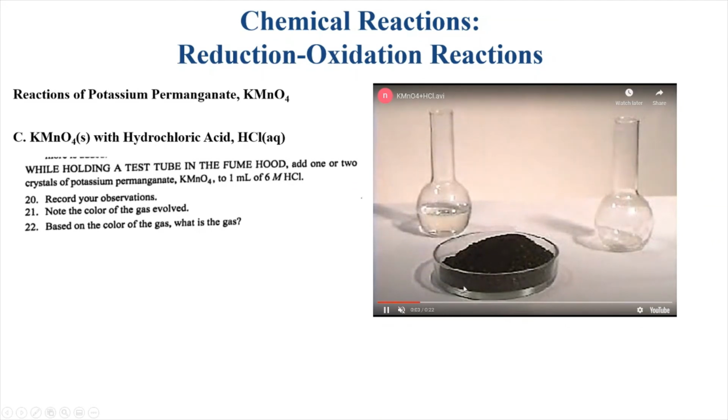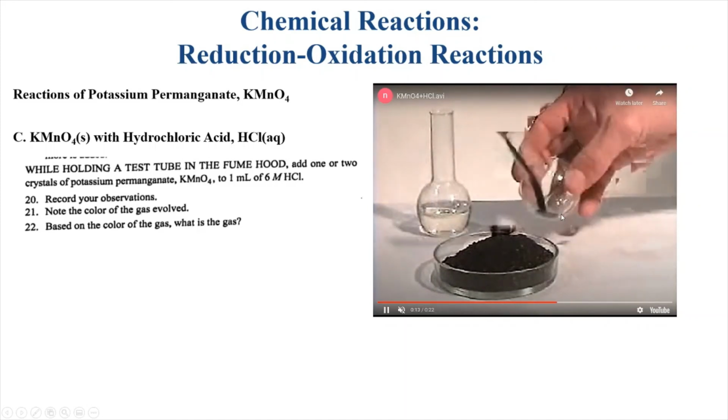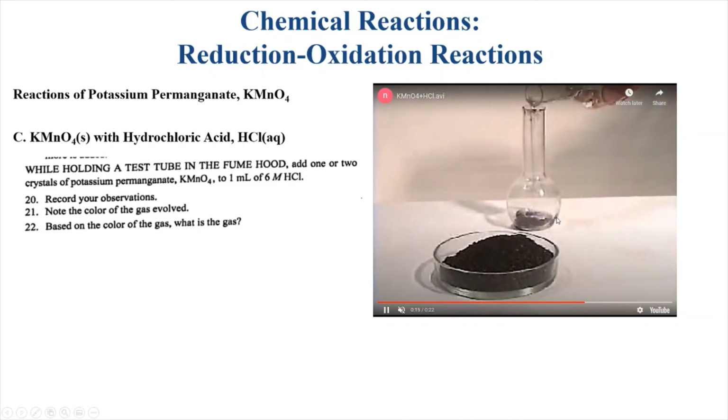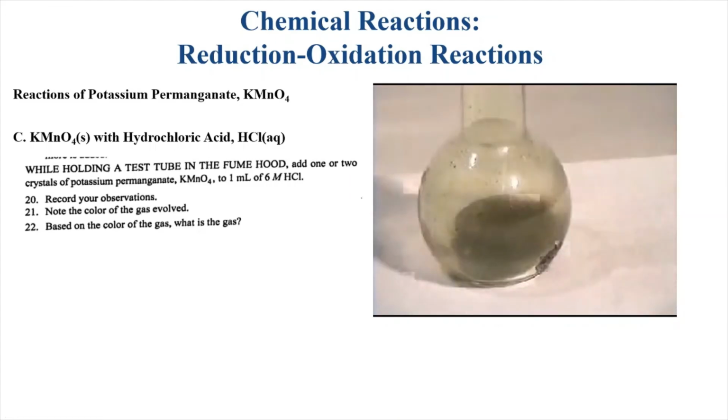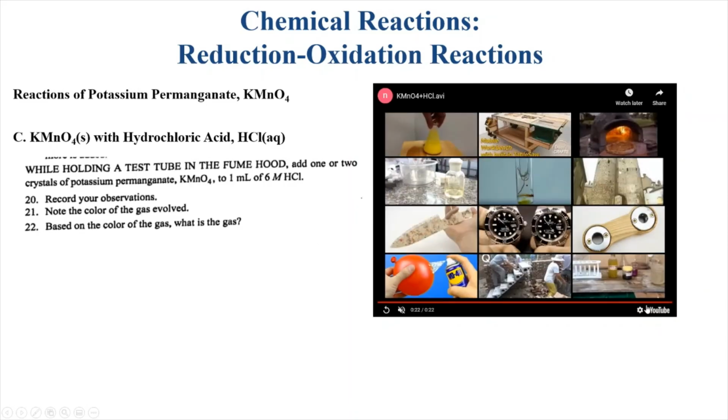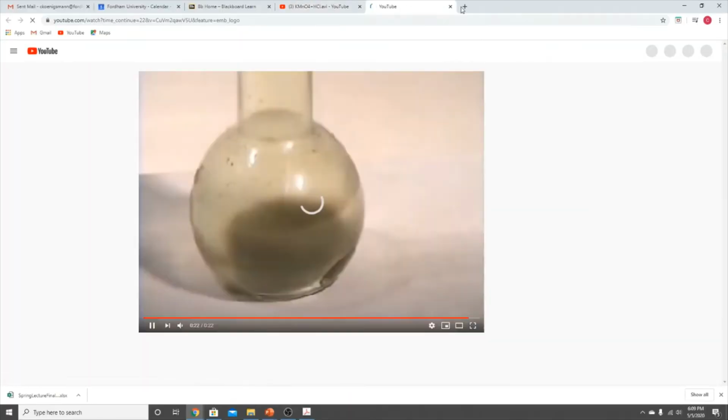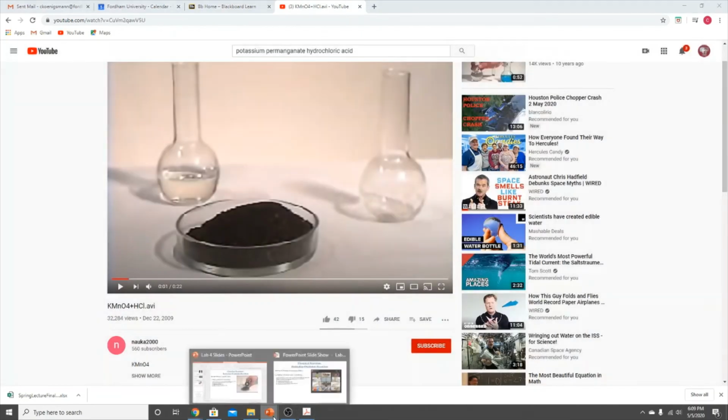So what you have in this dish is the potassium permanganate. It's a dark solid. Then in this beaker we have hydrochloric acid. And what we're going to do is take a little bit of that potassium permanganate and add the hydrochloric acid on top.